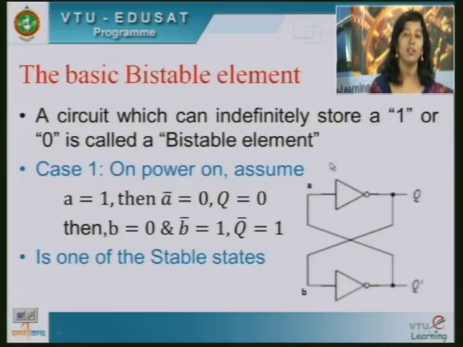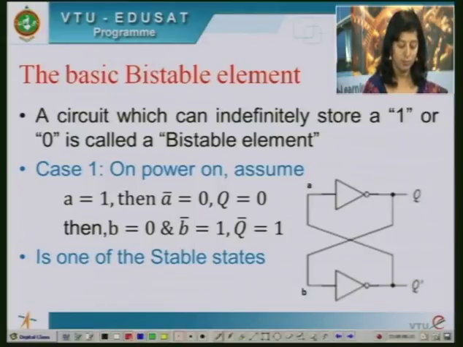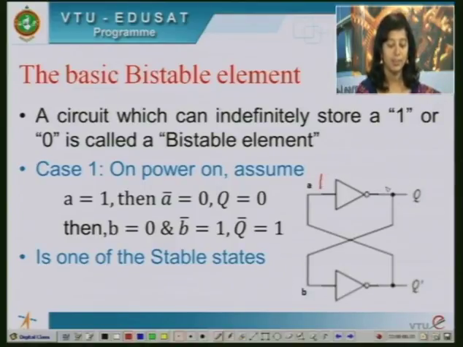On power on, if we assume that this A is 1, so A is high, then what happens? This Q will become 0. If A is high, Q becomes 0, and if Q is 0, this 0 is coupled to the next stage, and what happens to Q bar?